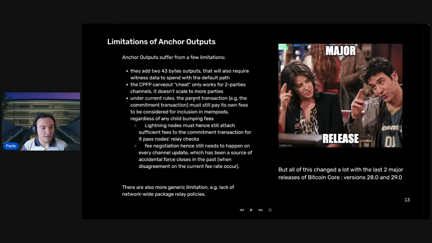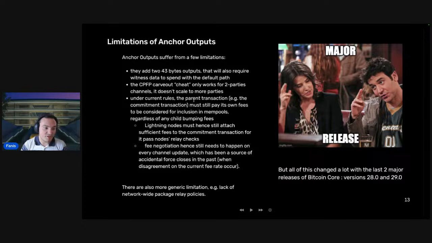So we will never be able to be completely insulated from the on-chain fee market and from on-chain congestion, but it would be nice to detach Lightning a bit more from this. And as long as we need to have this fee negotiation anytime we update a channel, we will still have quite a strong dependency between on-chain fees and the management of channels on the Lightning Network.